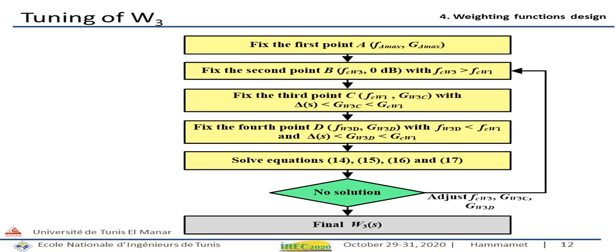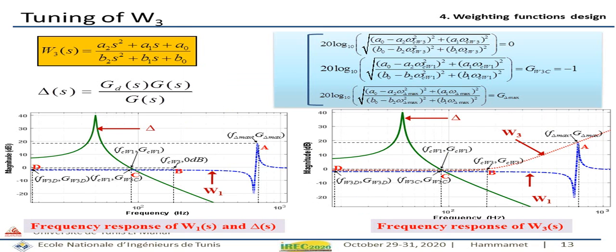This figure summarizes the different steps of the third weighting function W3. The frequency response of W3 has to ensure the following criteria. First, the gain of W3 should be greater than or equal to the maximum gain of the plant uncertainty.